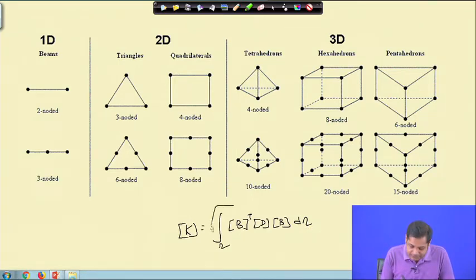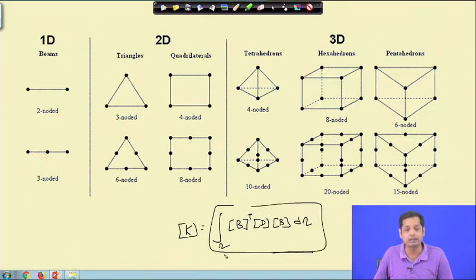Very often it is not possible to have these integrations in closed form. We have done it for the bar element, for the beam, and also for the 3-noded triangular element, but in most cases this integration is not possible in closed form, because of the shape of the domain over which the integration is being done, and then you have a quadratic nature here.